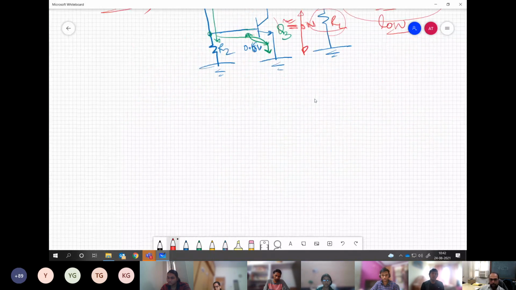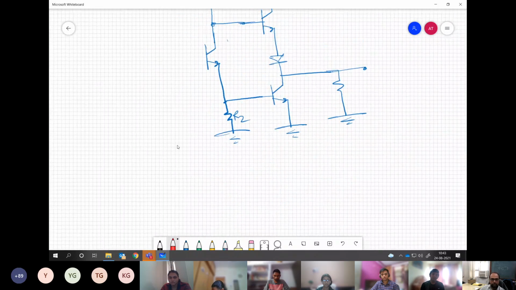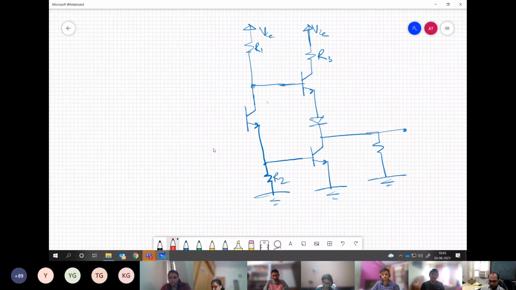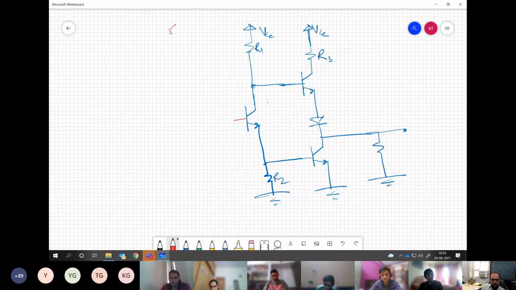Another speciality of this transistor logic is we can have multiple inputs driving this complete circuit without much additional difficulty. So we can have a transistor which is used in this form.